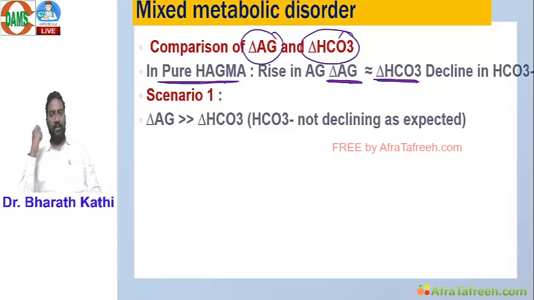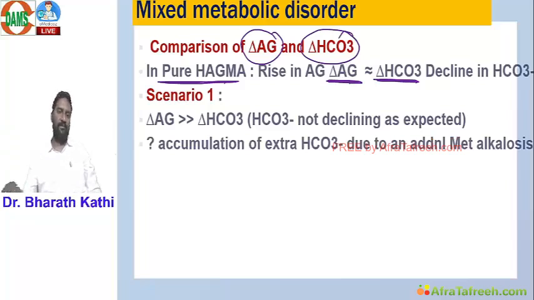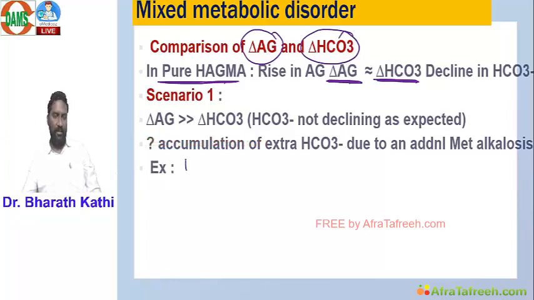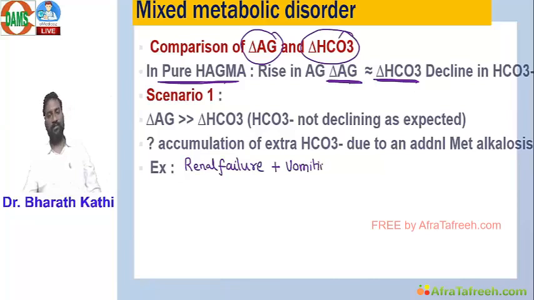Something is adding bicarbonate to the body. So this is a situation of accumulation of extra bicarbonate due to an additional metabolic alkalosis. An example for this would be renal failure, which causes high anion gap metabolic acidosis, with vomiting. If you do some questions, you will understand this better.